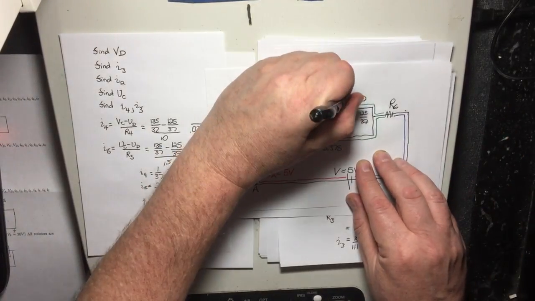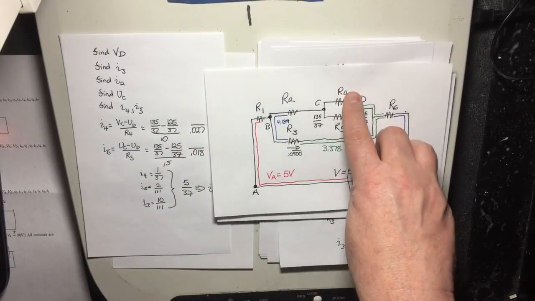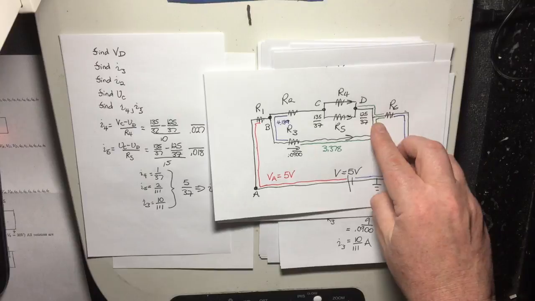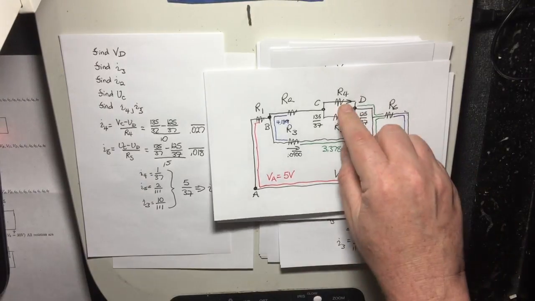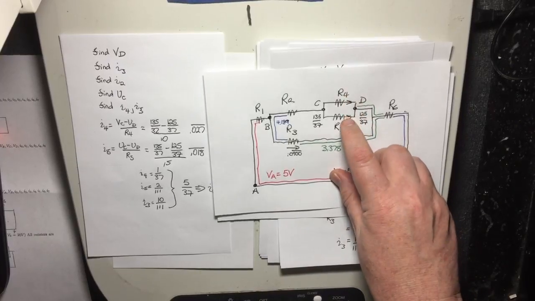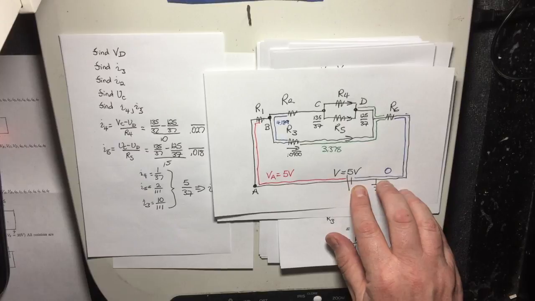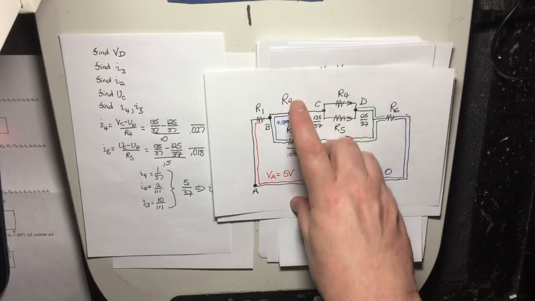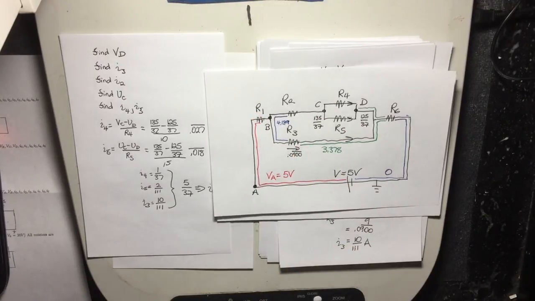The current flowing through this, that, and that, at that particular point, all eventually end up back into being I0. So in this case, I4 and I5 and I3 should add up to I0. For this case, I2 and I3 should add up to I0. The currents should be conserved.